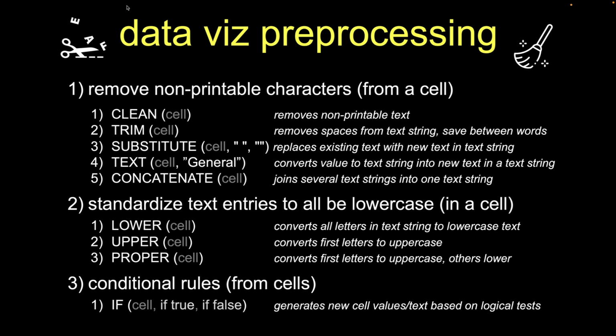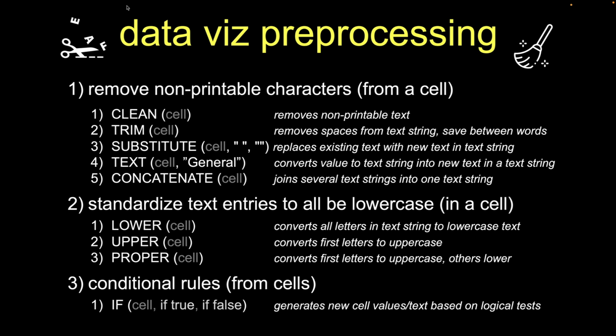So for example, what I'm showing you here, where it says clean or trim, that's where we type the equal sign, and then we'd put in CLEAN, and then in parentheses, my range of data. So either the individual cell or the entire row or the range of data, whatever. You can just substitute whatever the range is in my little notations here. One is CLEAN, and that's going to pull off all non-printable text and then return the rest of the characters.